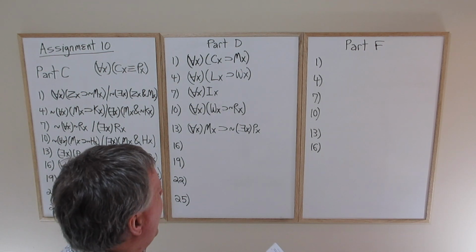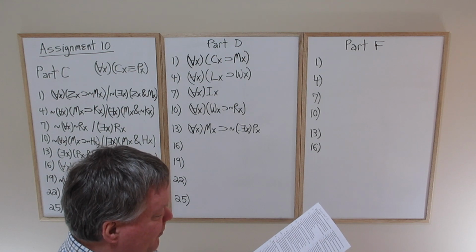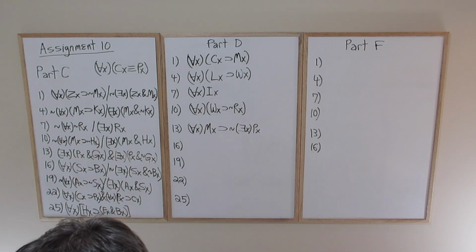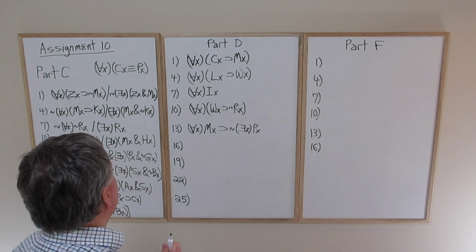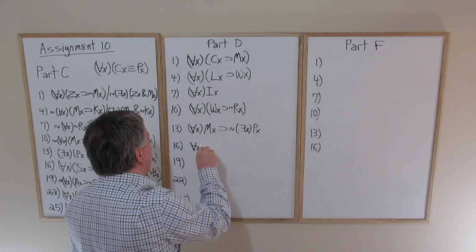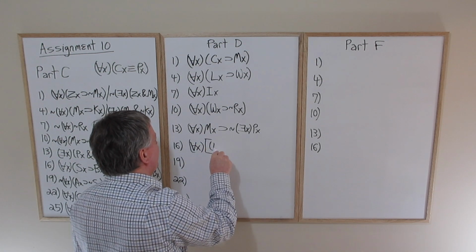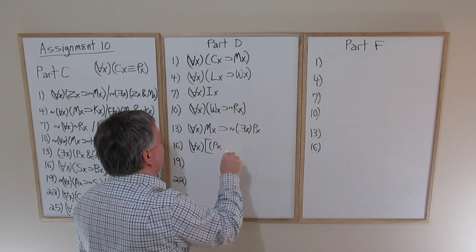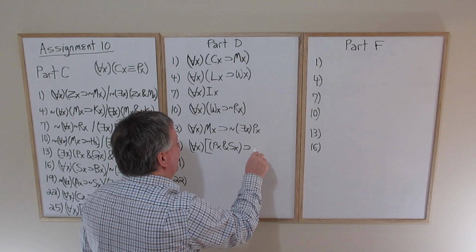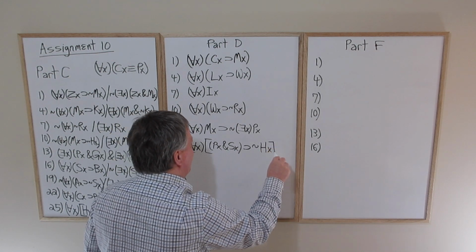Well, since a claim is being made about the same subject in both the antecedent and the consequent, we'll want to symbolize it this way. All X are such that if X is a person and X is sad, then it's not the case that X is happy.